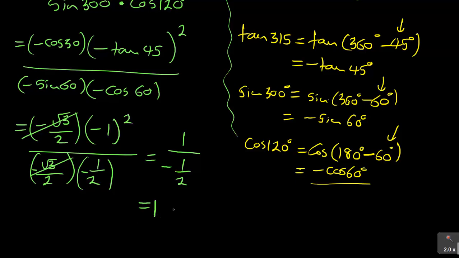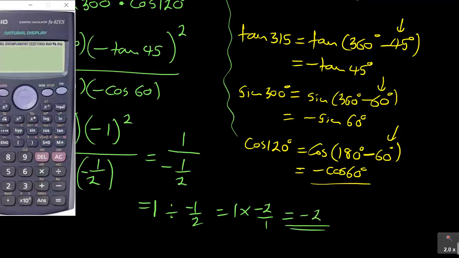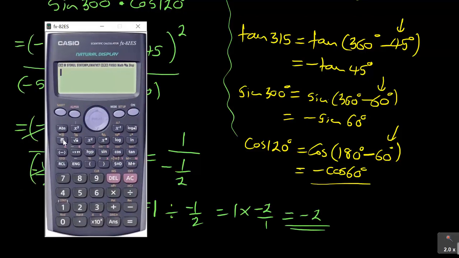It is 1 divided by negative 1 over 2, which is equal to 1 times negative 2 over 1, and the answer is negative 2. You can predict that 1 over negative 1 over 2 gives negative 2.